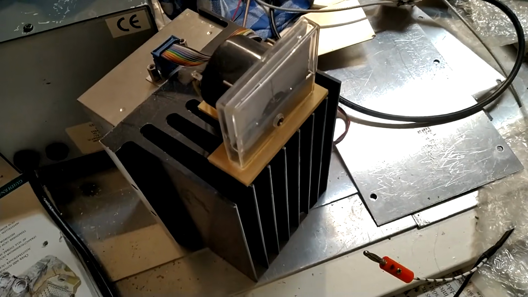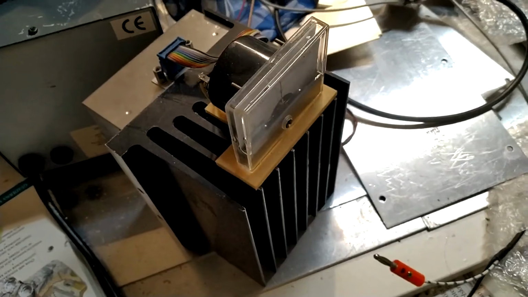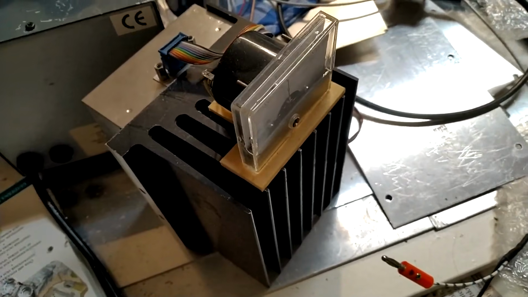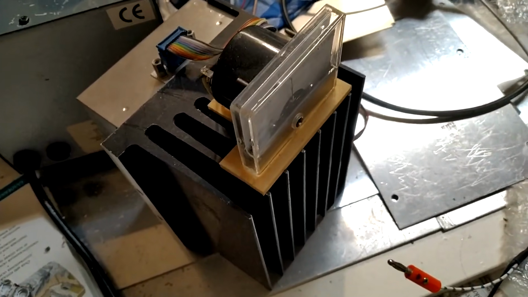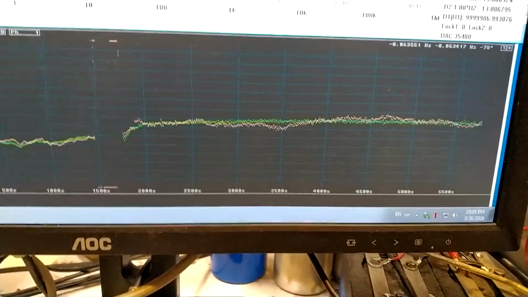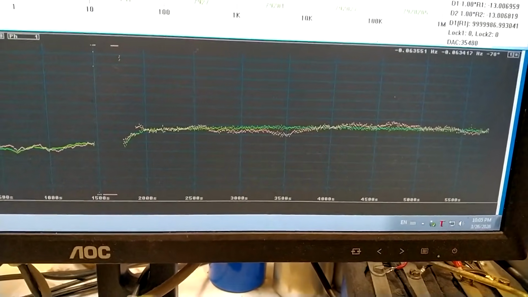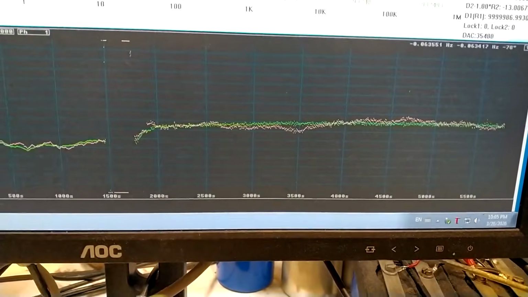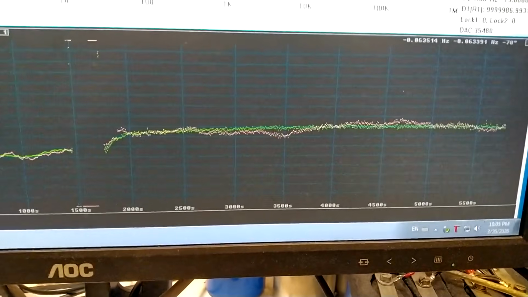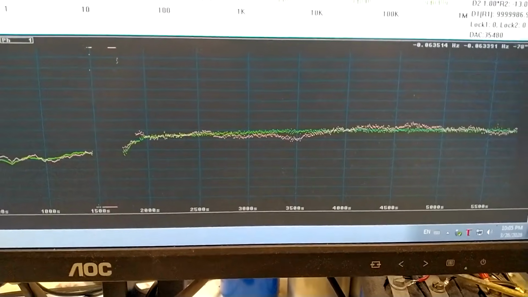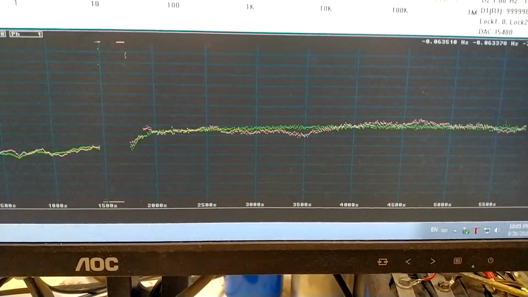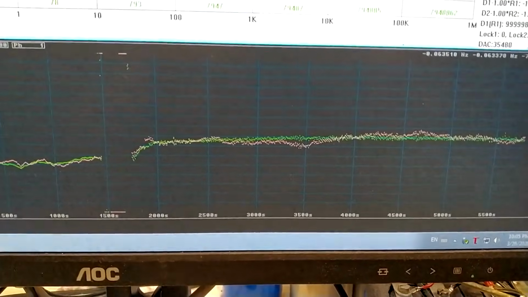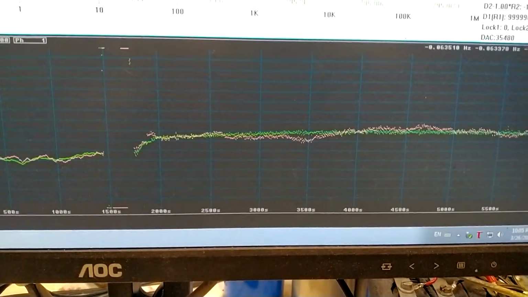I have connected a second rubidium source to measure it with my phase noise measurement system. Here is the result, and you can see the close range phase noise as a scatter of the points, but the green trace is very stable now, and that is the Wenzel oscillator.